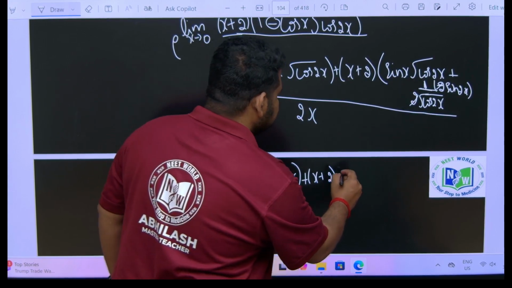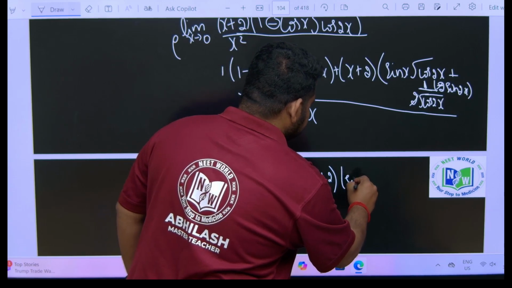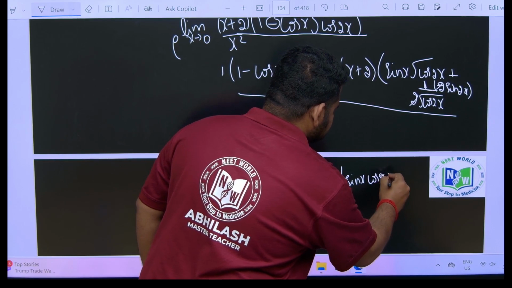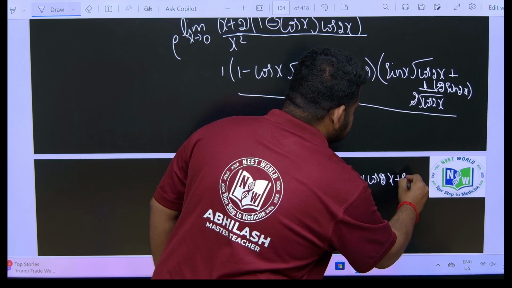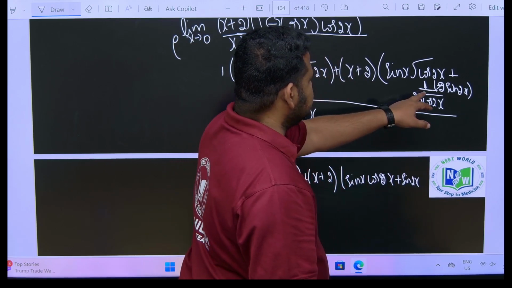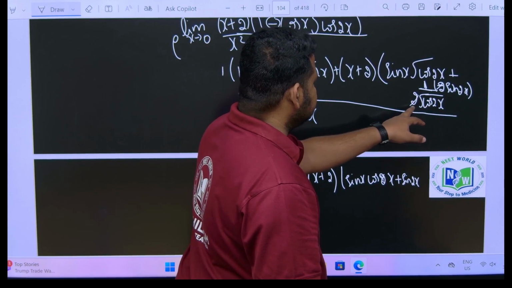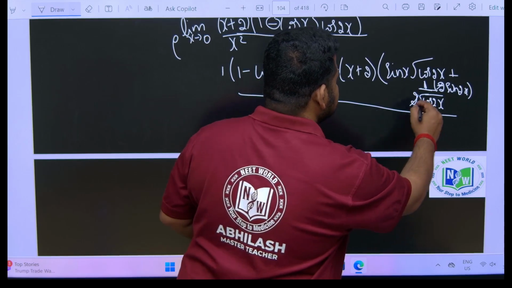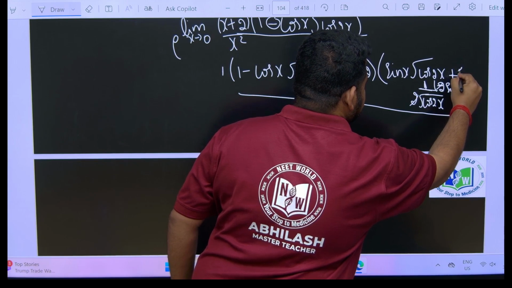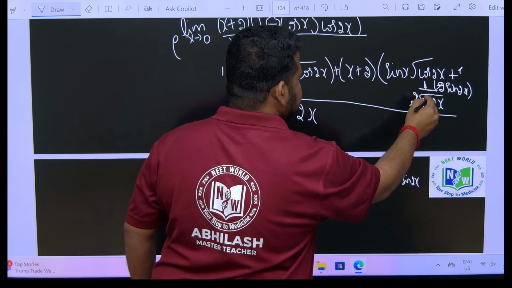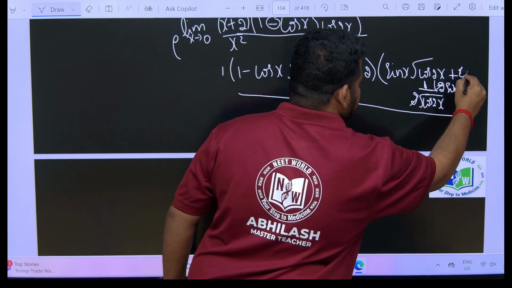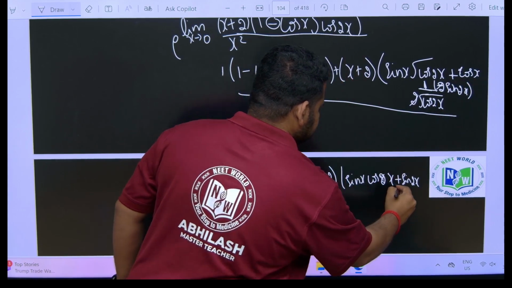So this will be sin x into cos 2x plus sin 2x into, again it will be sin x cos 2x, and the derivative of cos x is sin x, and here it will be again cos x because of the product rule. This is cos x.